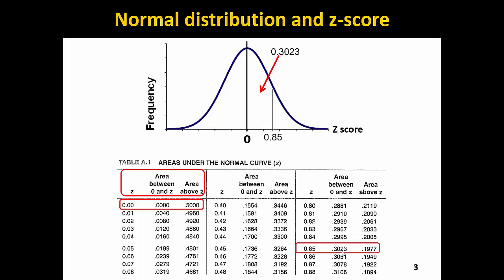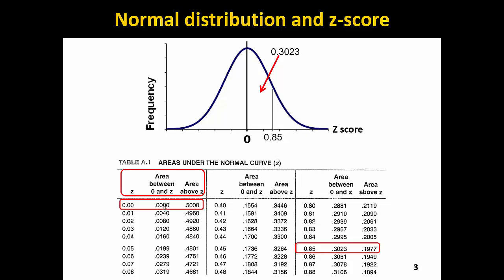If we express that as a percentile, moving the decimal place over twice, we have 30.23%. So if the entire area under the normal distribution is 100%, this region represents 30.23%. Now, if we move over to the next column, we see the balance is 0.1977, or 19.77% is captured in this area right here. So we see much more area in this region and less area in this region.